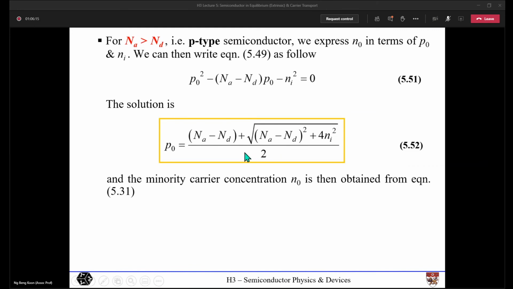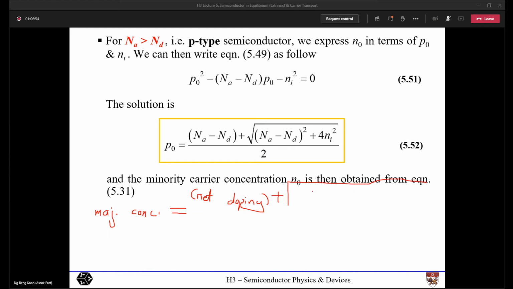So in fact, we look at these two solutions, right, for N and P type, you can actually generalize the solution as such. You can say that the majority carrier concentration is simply equal to, the first term there is in fact just the net doping, okay, that's the net doping, plus square root.